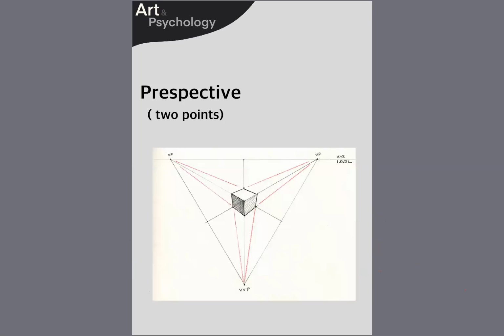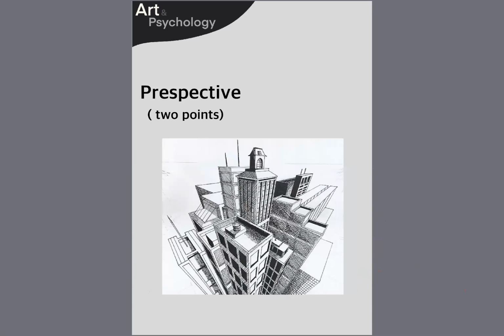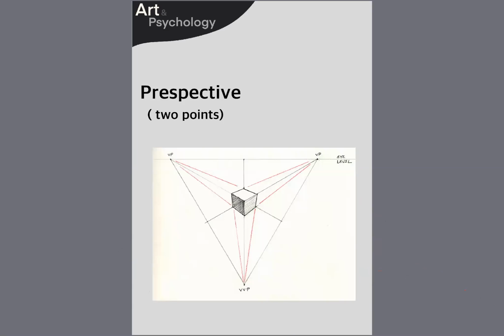Okay, now we move to the three-point perspective. This is actually still two points, but we add another vanishing point. This is very important if you want to manipulate the level of the camera, whether to make it a bird's eye view or a worm's eye view, a high horizon view or low horizon.